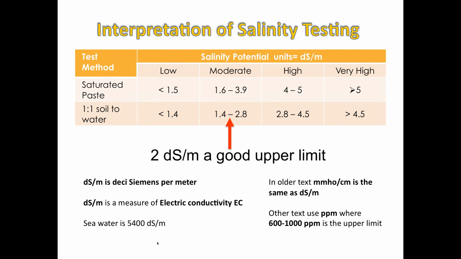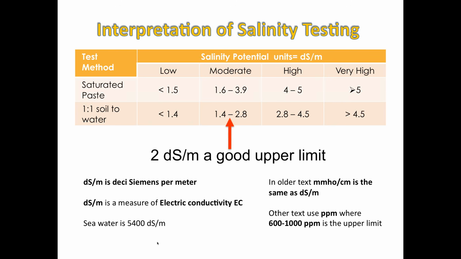Just a little bit about the terminology. The dS/m, decisiemens per meter, is a measure of electroconductivity, and as a scale issue, 2 dS/m compares to seawater at 54 dS/m. So we're not talking a lot of salt in the soil to begin to affect plants. This is further compounded in some of your older texts, which use mmhos per centimeter.